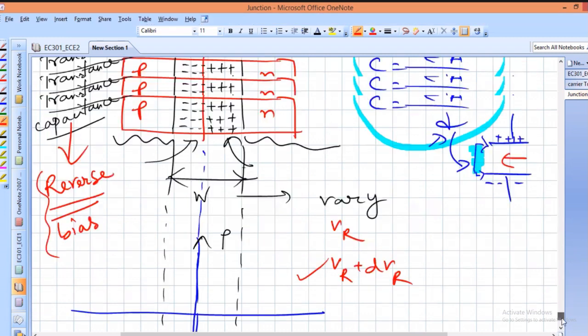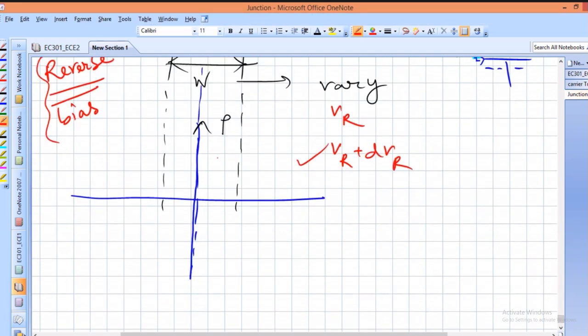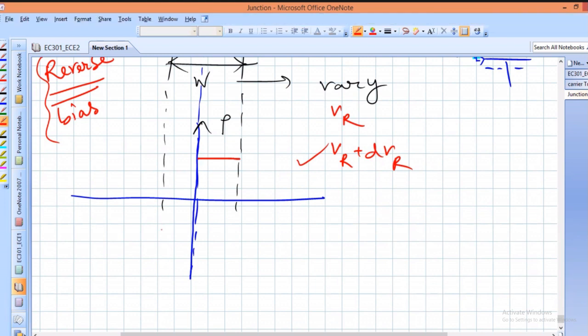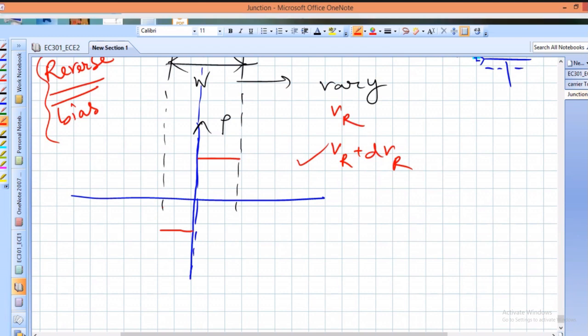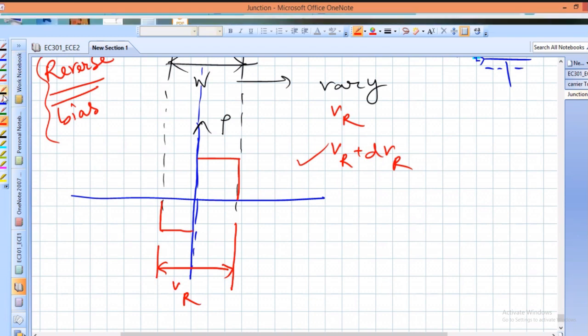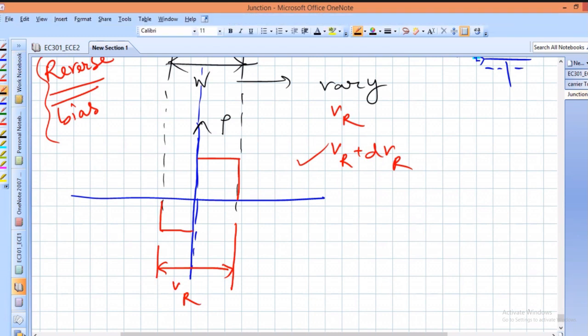This is the positive charge. So I will consider, suppose this is the positive charge and this is the negative charge for VR. Why I'm doing this in that way, I think is clear, because this is the positive and this is the negative.